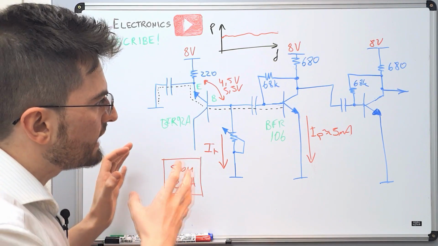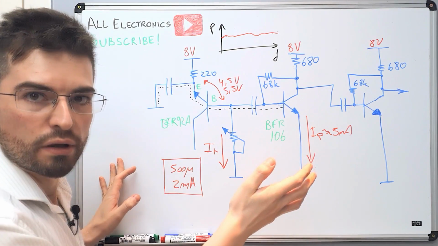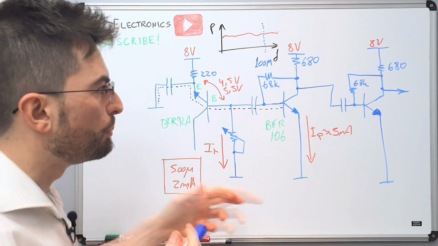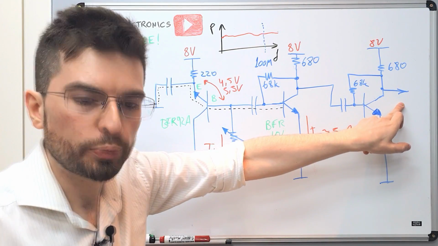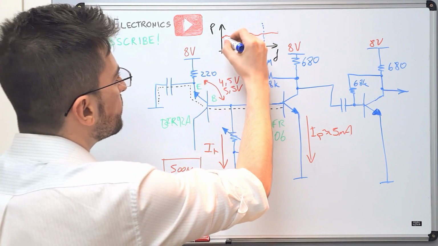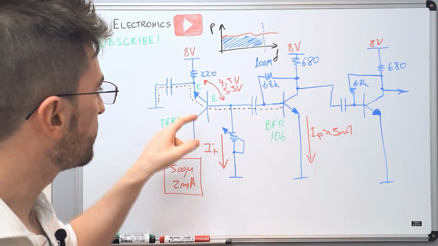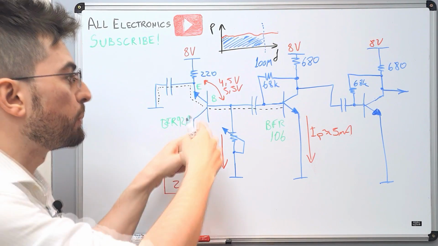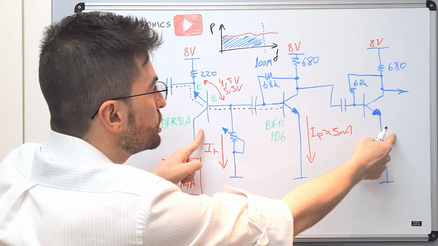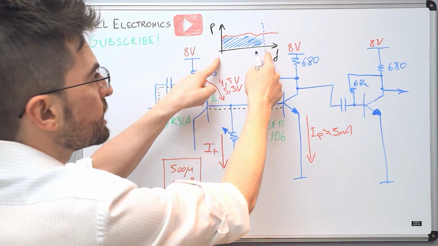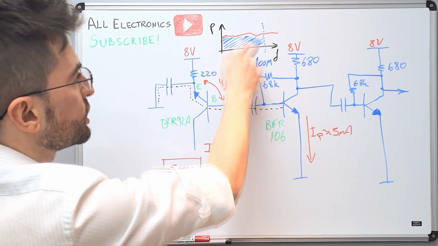So let's say that this circuit here has a bandwidth of 100 megahertz. The power present here on the output is the integration of the power density generated by the noise source multiplied by the gain of the stages over this range of frequency here, it is the integration of this curve.